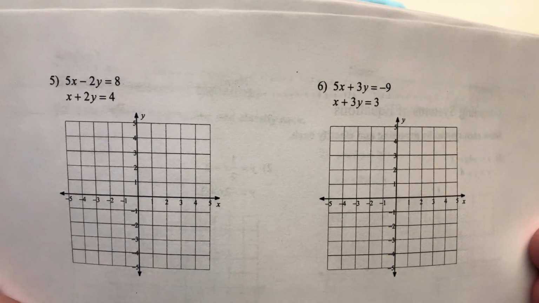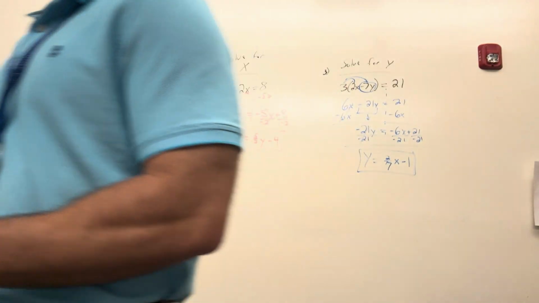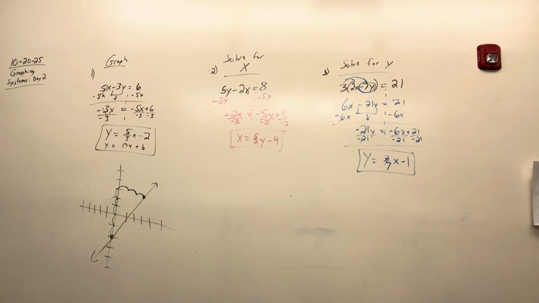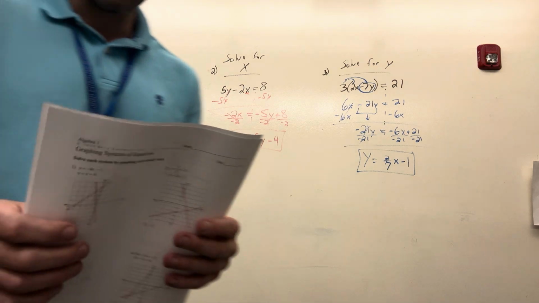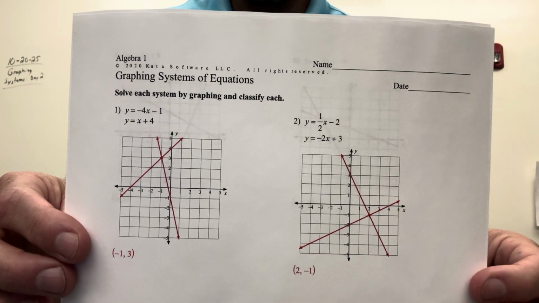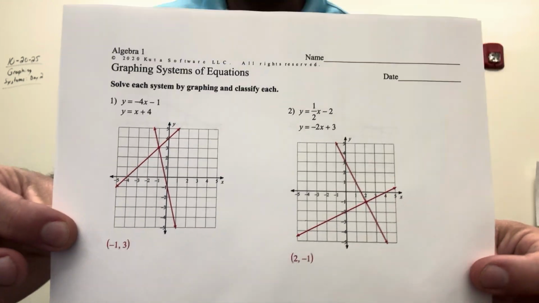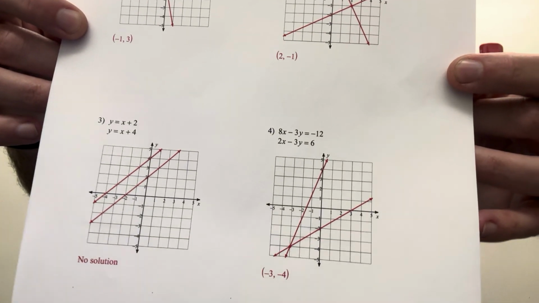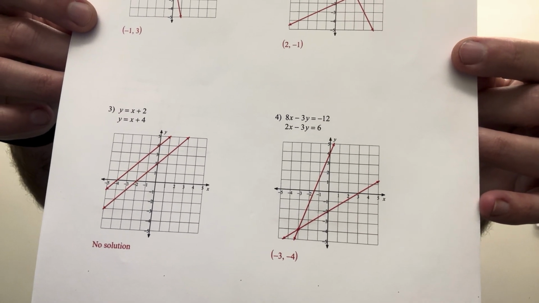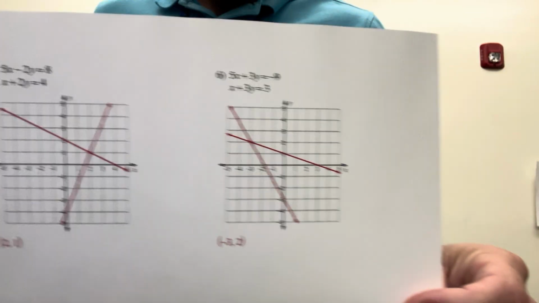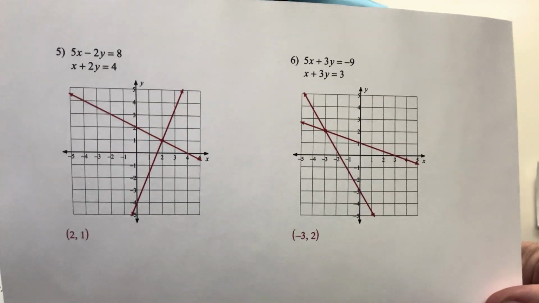And you don't need to worry about 7 and 8. Alec, here are the answers if you want to try to do them, my friend. Because these are the questions that you're going to see on tomorrow's test or quiz, but it's just graphing. The only difference is number 4, 5, and 6, you have to put them into slope-intercept form. So before you graph, you have to put them into slope-intercept form.